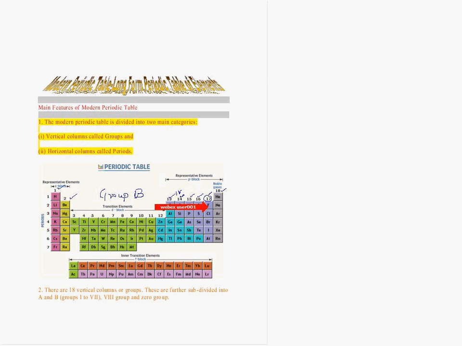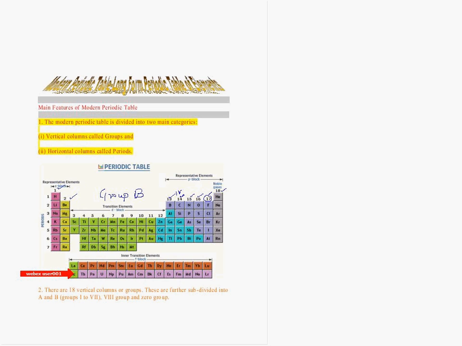If you see here, as you come to these blocks, we find this element which has atomic number 43. Right?